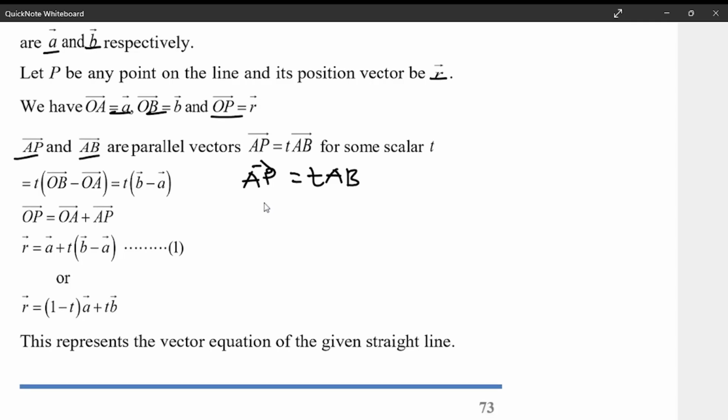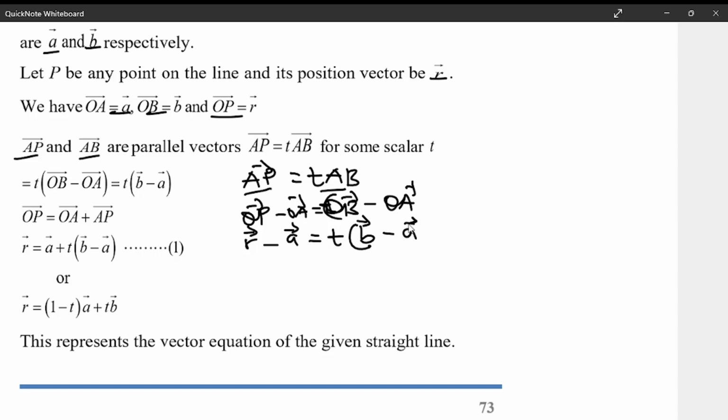Also, AB is equal to OB minus OA, and AP is equal to OP minus OA. Now OP minus OA is r minus a, and OB minus OA is b minus a.